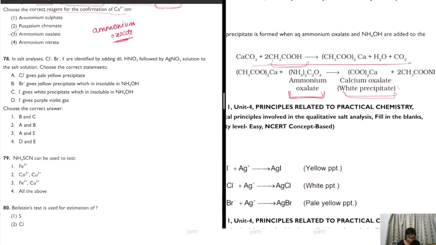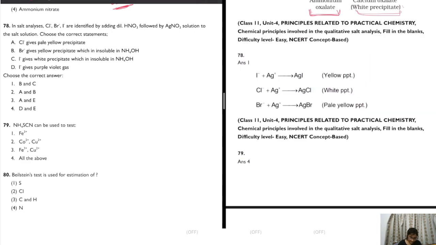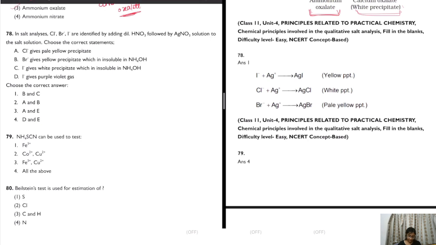Now let's see the next question. This is a very good question. In the salt analysis, Cl-, Br-, and I- are identified by adding dilute HNO3 followed by AgNO3 solution to the salt solution. Choose the correct statement. See what happens when we add Ag+.